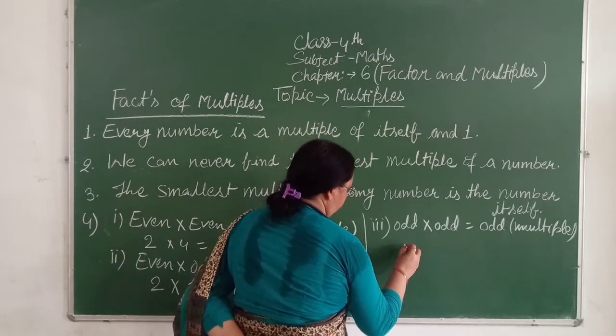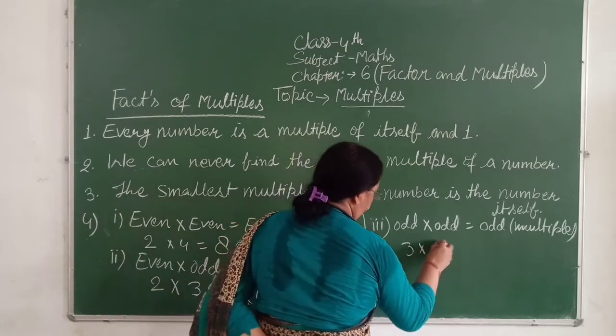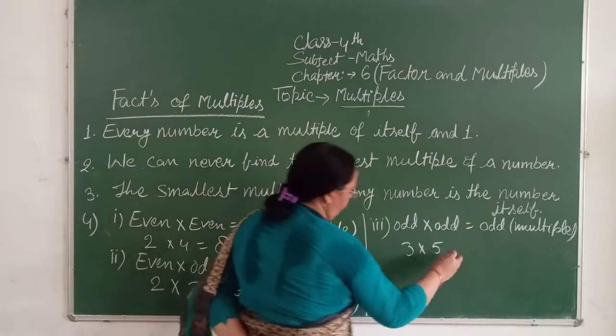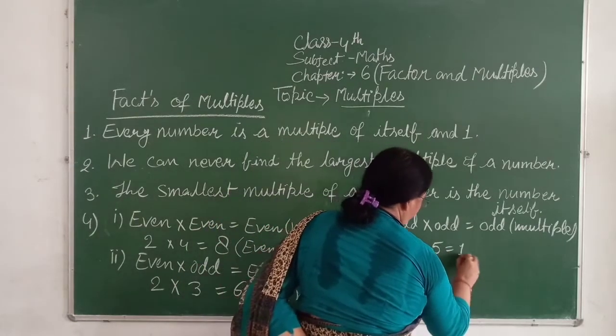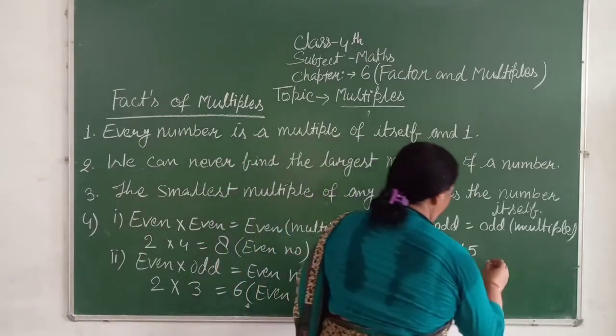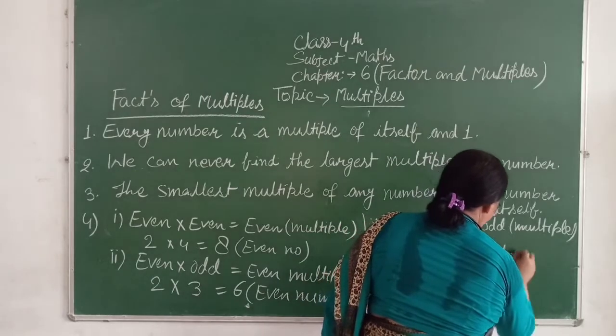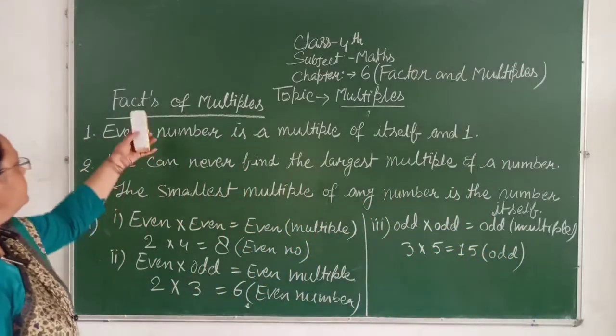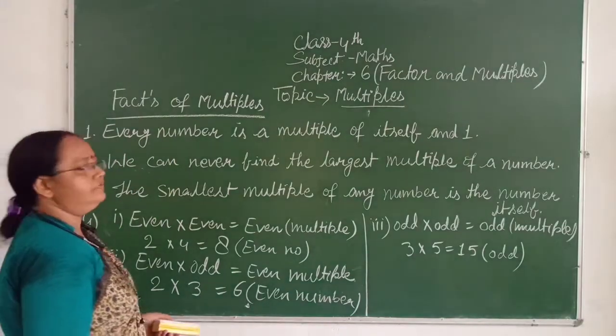That means 3 cross 5. Here 3 is the odd number and 5 is also an odd number. Getting result 15. This is also an odd number. Students, these are the facts of multiples.